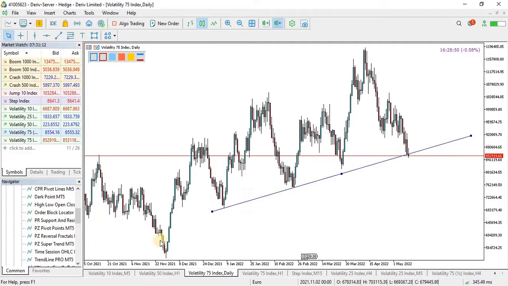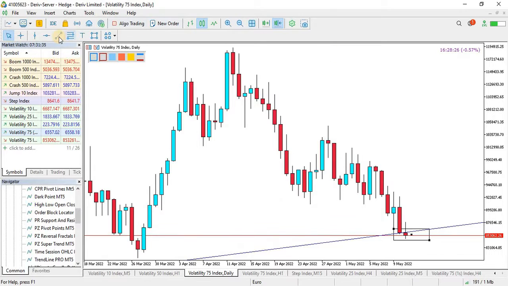we've just touched this area of support. We had one turn here, we had another bounce here, and we just made the third touch here, which is slightly breaking through.